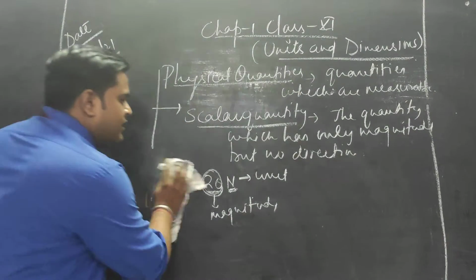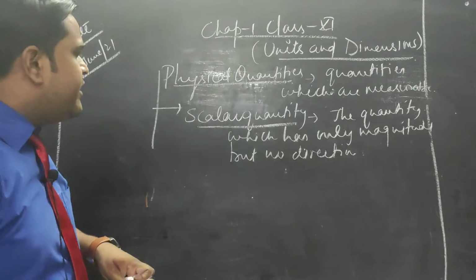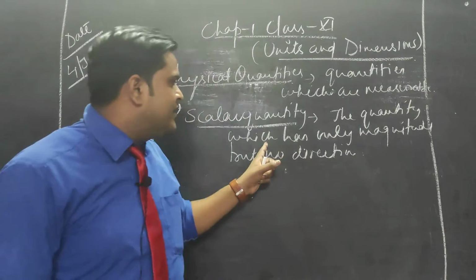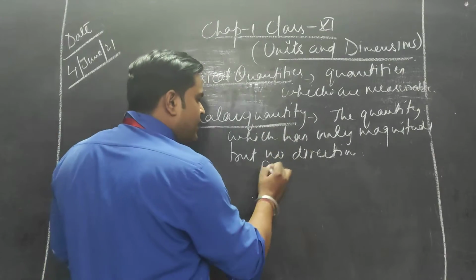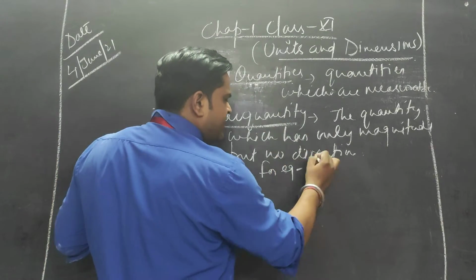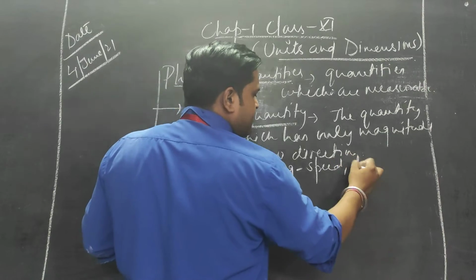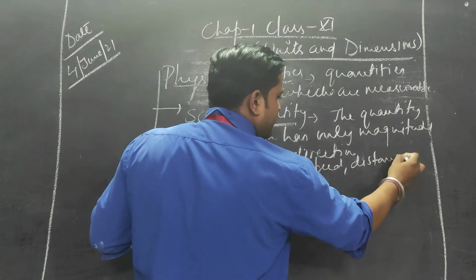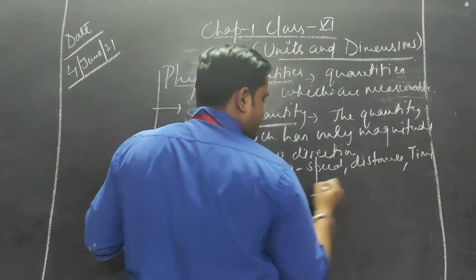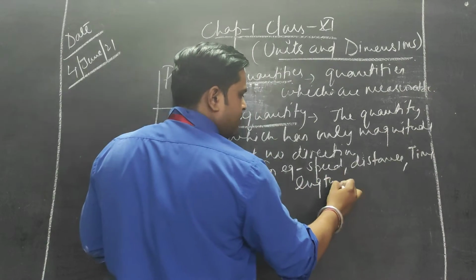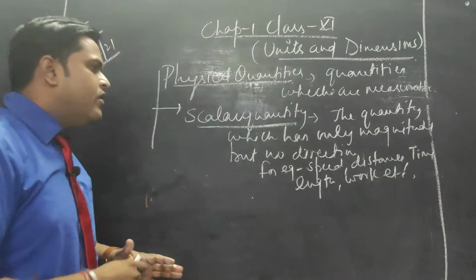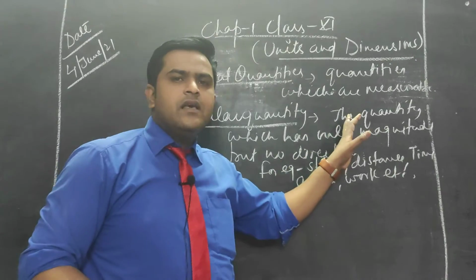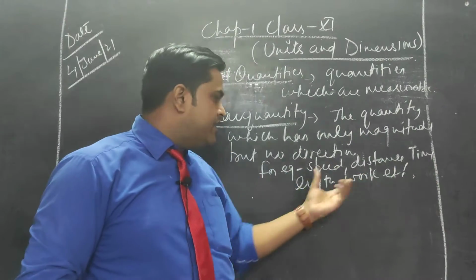So scalar quantities are the quantities which have only magnitude but no direction. For example, speed, distance, time, length, work, etc. Since they will always possess magnitude but they will not have any direction.